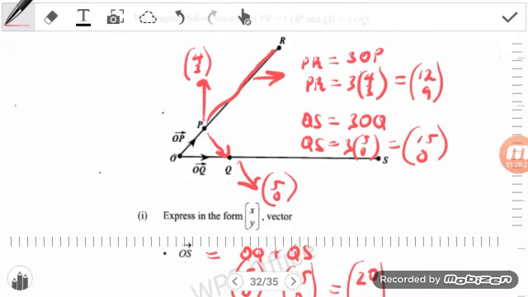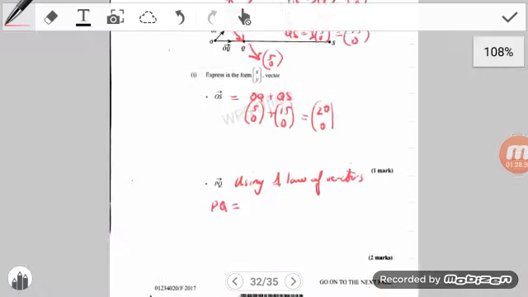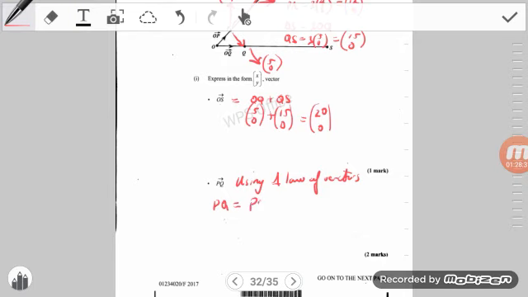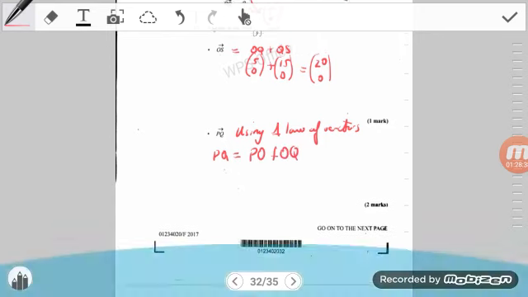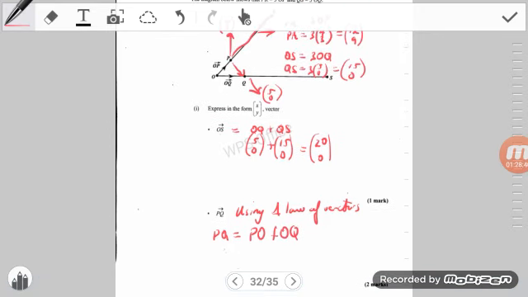Alright, so let's write down the formula. P to Q is going from P to O, plus O to Q. Alright, now P to O is what we refer to as the inverse vector, because it's the inverse of the vector OP. So we know that the vector OP is 4, 3, right here.